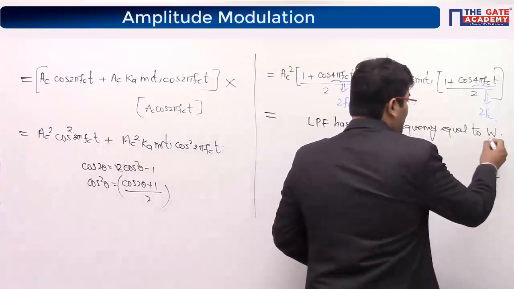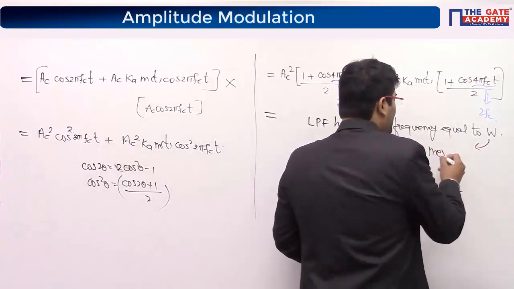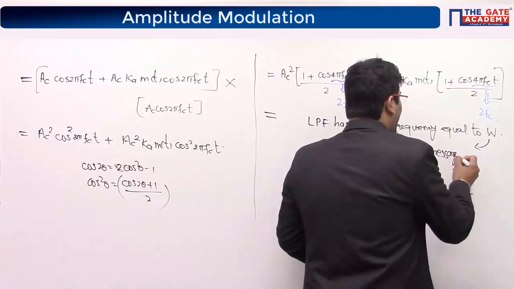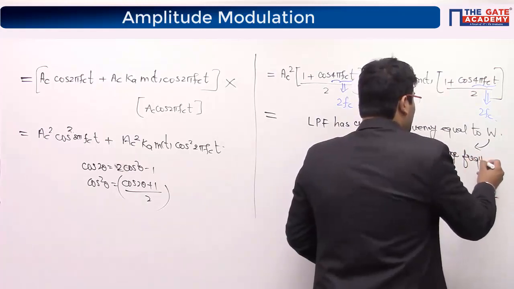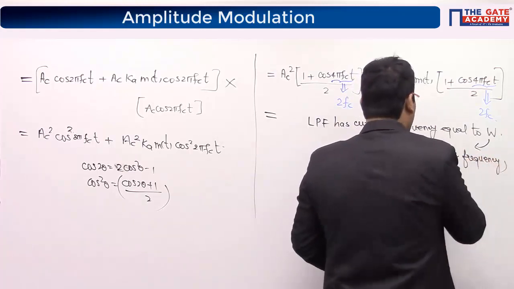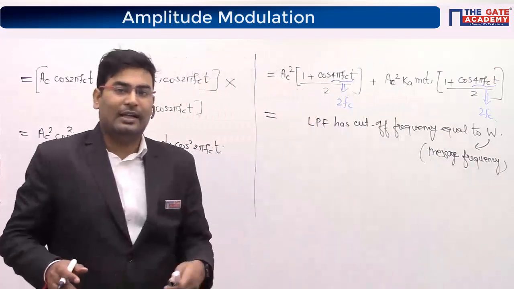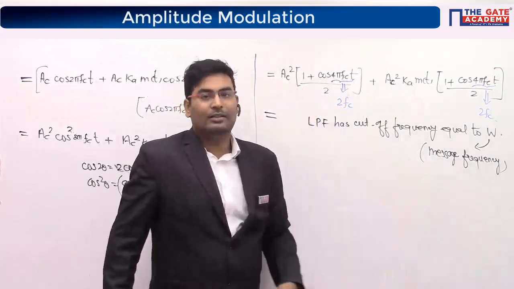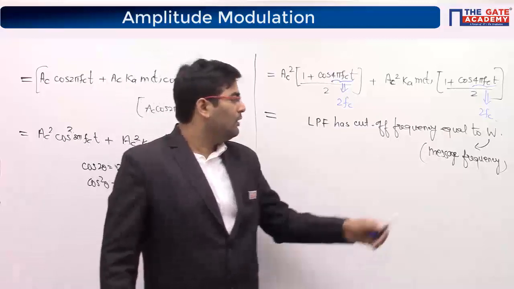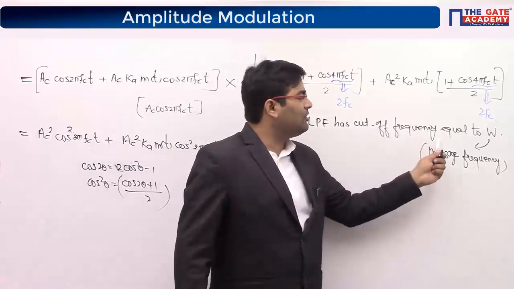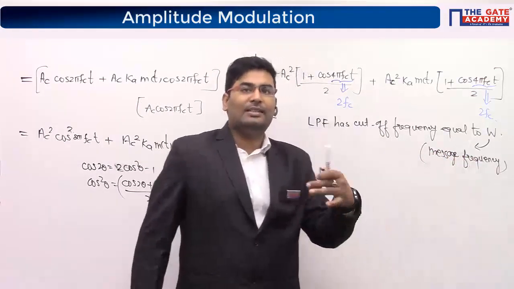Because the message m(t) is band limited to W. This is a very fundamental way of saying that the message has a maximum frequency equal to W. Just say it is band limited to W. Now, the low pass filter has cutoff frequency equal to W, so it will not pass anything beyond W.